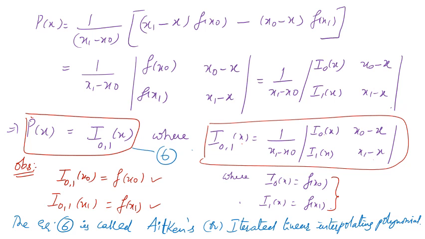Aitken's or iterated linear interpolating polynomial. This is one more method.